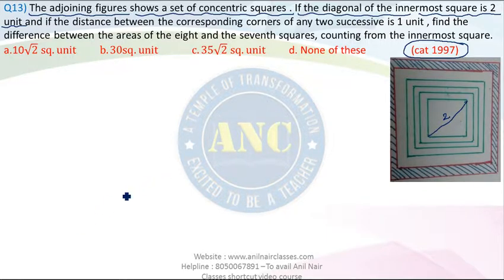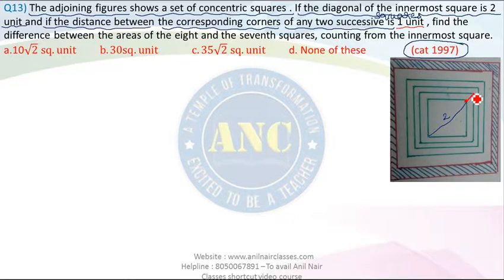If the diagonal of the innermost square is 2 units, and if the distance between the corresponding corners of any two successive squares is 1 unit. That means this is one corner, this is the corresponding corner of the next successive square.